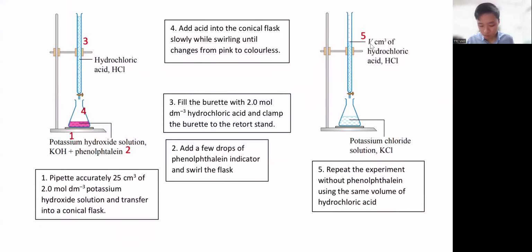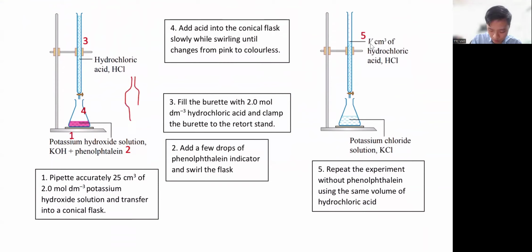So first of all, you pipette. Your alkali needs to be pipetted. Pipette looks something like this, just in case you never see the shape. You put around 25 cm cube.